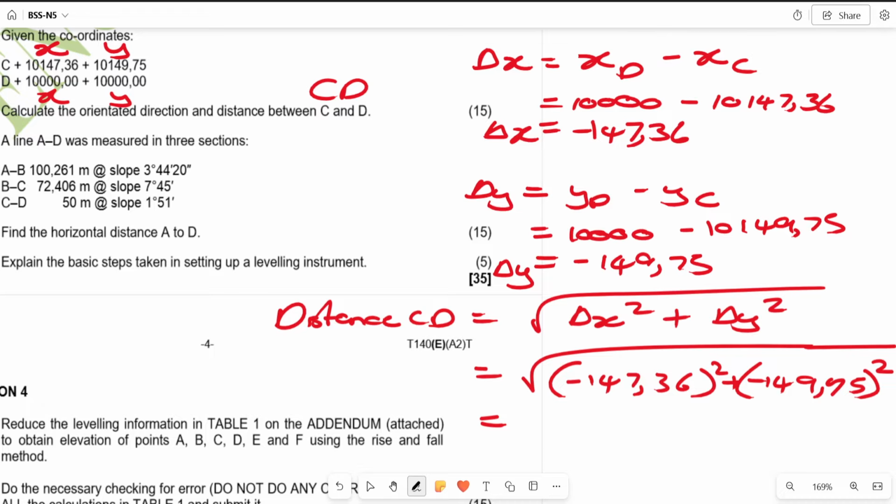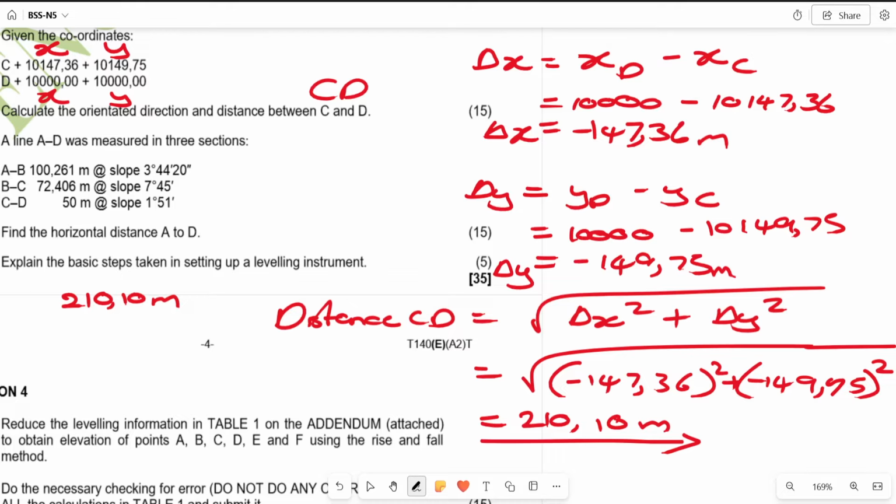And what we are going to get is 210.10 meters. Guys, if you want, you can write meters here, right? They're asking for the distance. So our distance, guys, is going to be 210.10 meters.